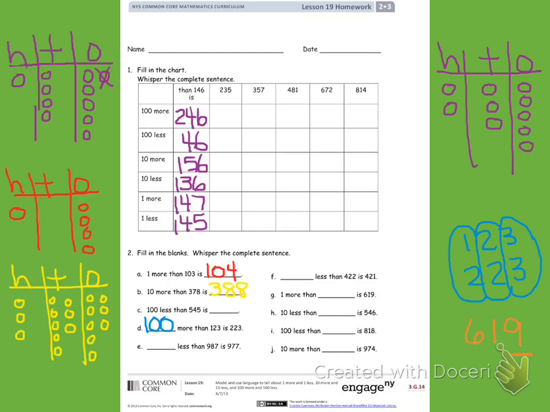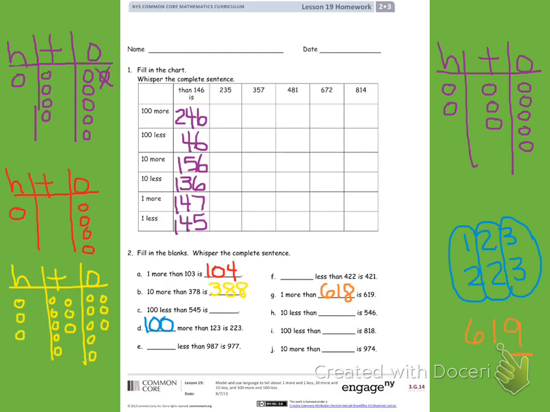Well, if 619 is 1 more, think to yourself, what is 1 less? And change the number in the ones column by 1 less. 1 more than 618 is 619.